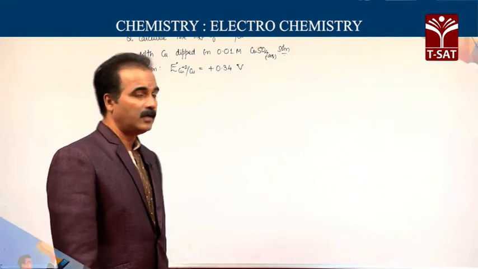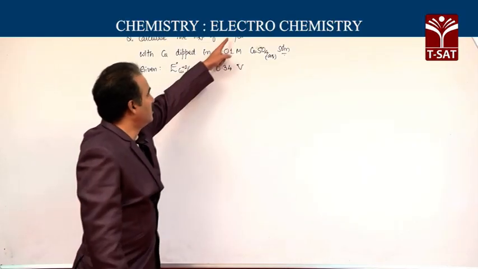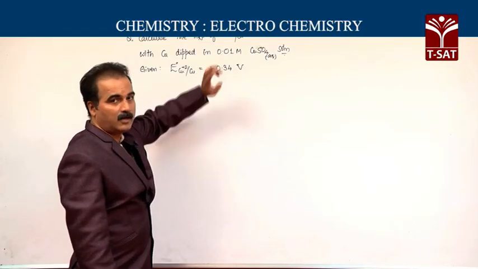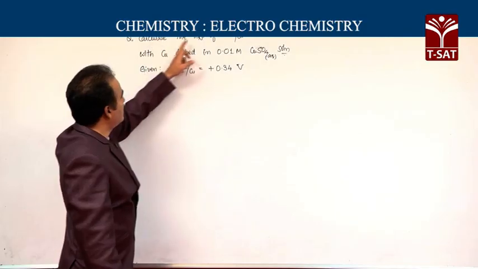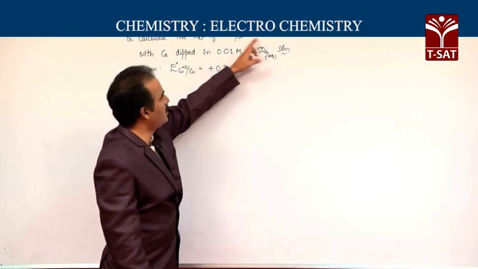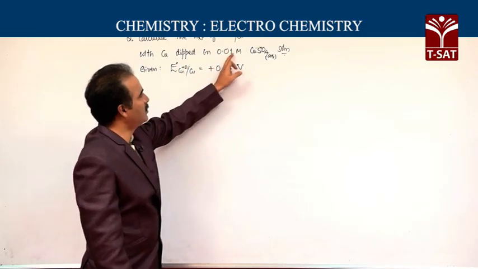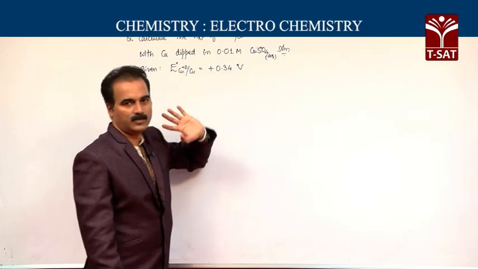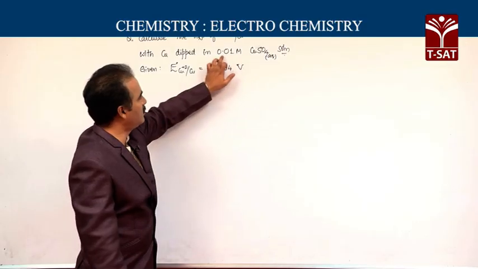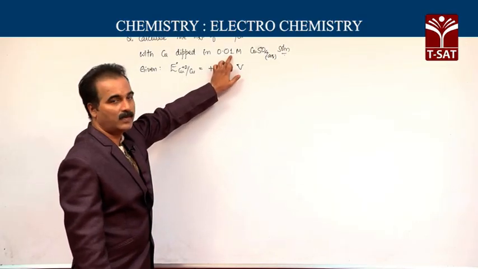Let us calculate the electrode potential of a copper electrode depending on concentration according to the Nernst equation. Calculate the reduction potential of a copper electrode with copper dipped in 0.01 molar copper sulphate solution. So, the copper sulphate solution concentration is 0.01 molar.